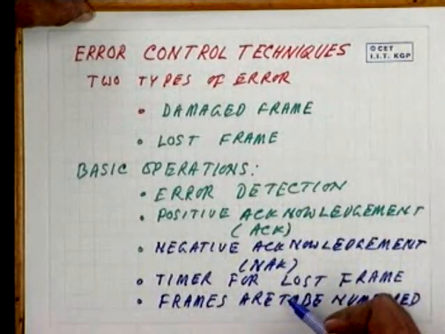And if you look at it, the basic idea is this: the transmitter sends a frame and waits for some feedback from the receiver. And the receiver sends a positive acknowledgement or a negative acknowledgement depending on whether the frame has been received correctly or wrongly, or the frame is lost. And the transmitter resends it.